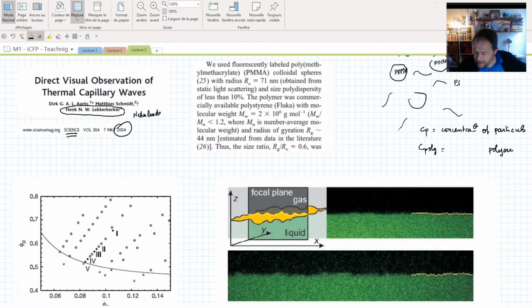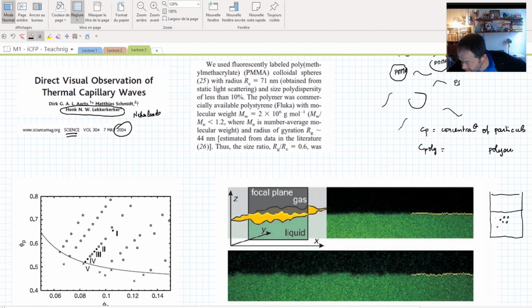Which means that what they have at the end is a system like that, where here they have a system which is rich in particles, because it has a precipitate, and above that they have a kind of gas of particles.